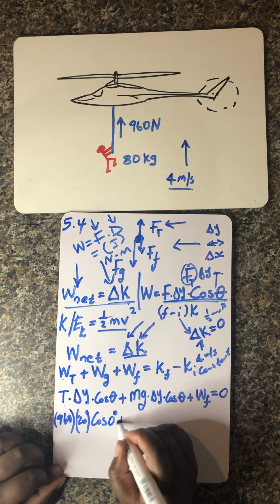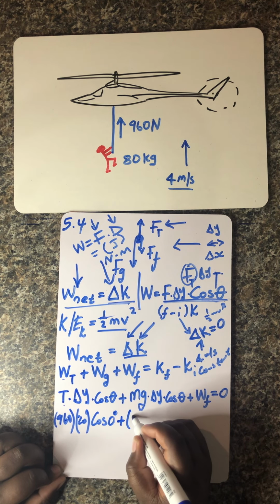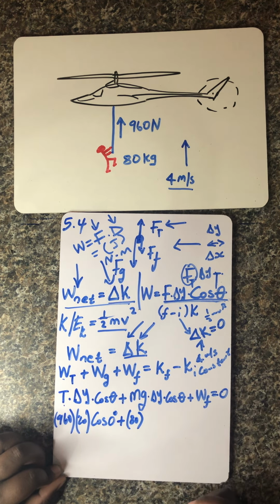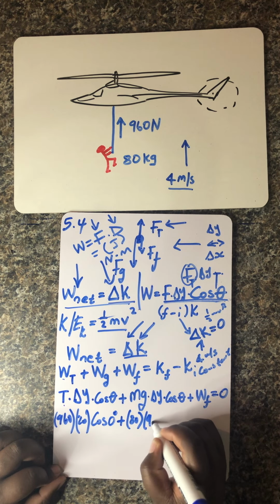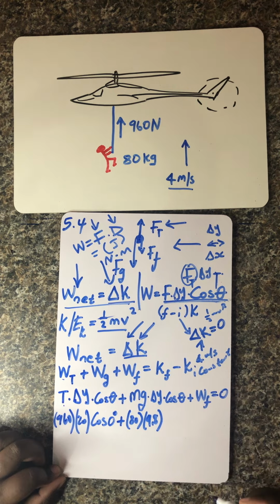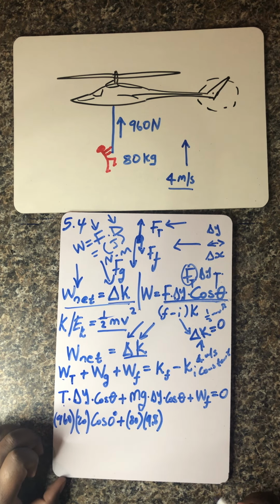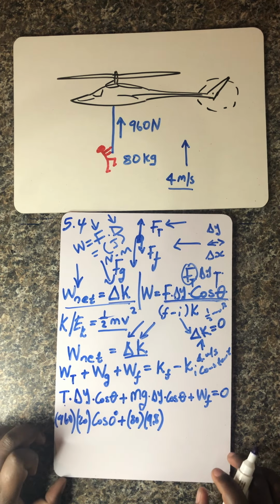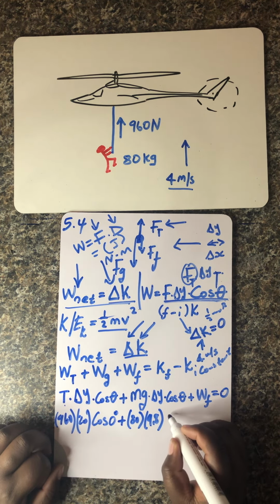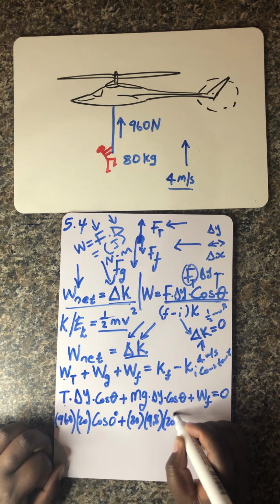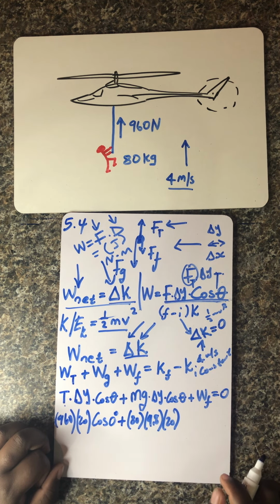Okay, then you add, what is m? They've just told us the m is 80 kg. Obviously we know this is 9.8. This is the acceleration, the gravitational acceleration of course, and the distance is 20 meters.